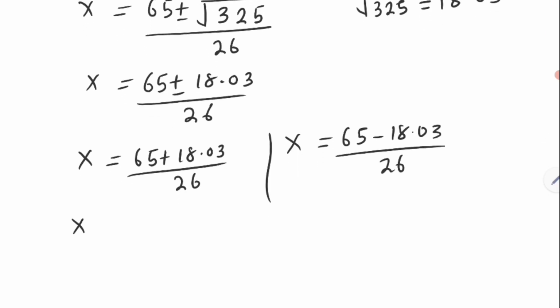Then this is S is equal to 65 plus 18.03, this is 83.03 over 26. And if you divide 83.03 by 26, this is approximately 3.19.